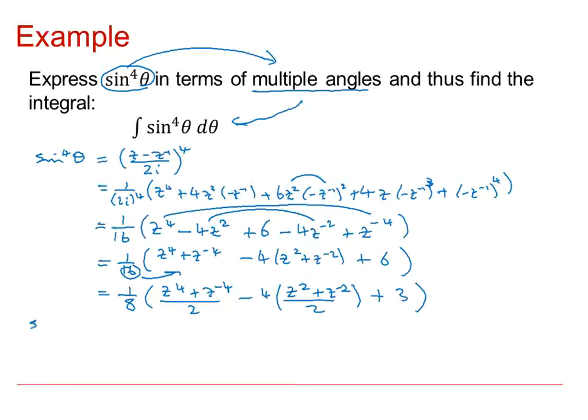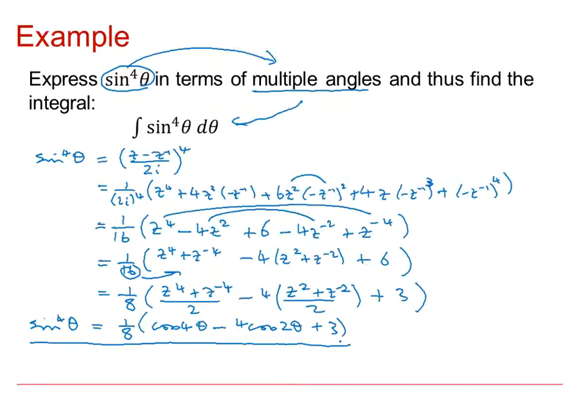So now we've discovered that sine theta to the power 4 can be written as an eighth, open the bracket. This first fraction is our definition of cos 4 theta. This next bracket is our definition of cos 2 theta, and of course there's a plus 3 at the end. So we have just written sine theta to the power 4 in terms of multiple angles, cos 4 theta and cos 2 theta.